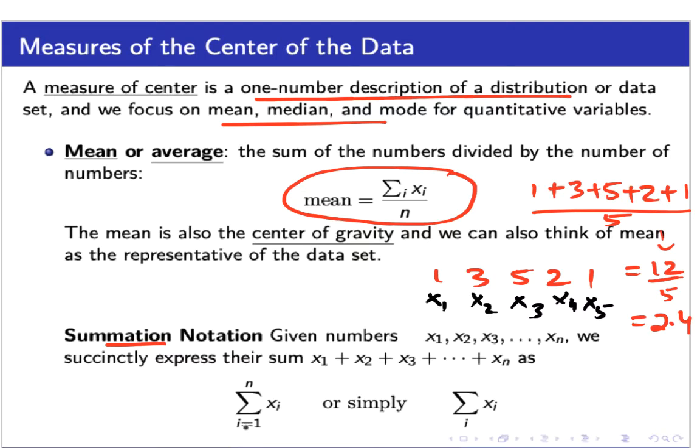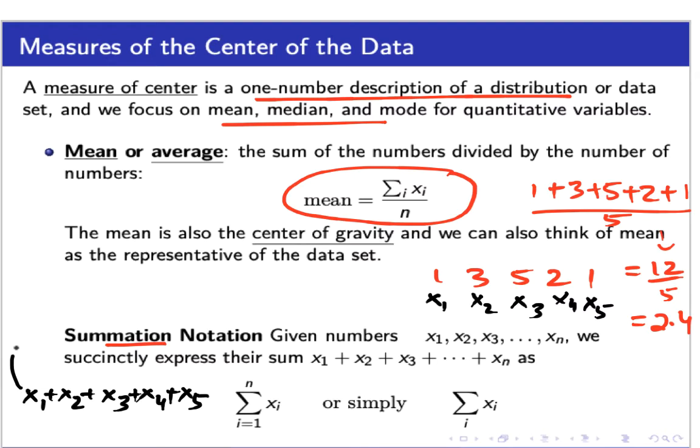So when I want to represent them, it is going to be x1 plus x2 plus x3 plus x4 plus x5. That's easy if there are only 5 numbers. But if there were so many of them, I would not write. So I would say x1 plus x2 plus x3 dot, dot, dot, say xn. Now, how do I represent it in a very concise form?